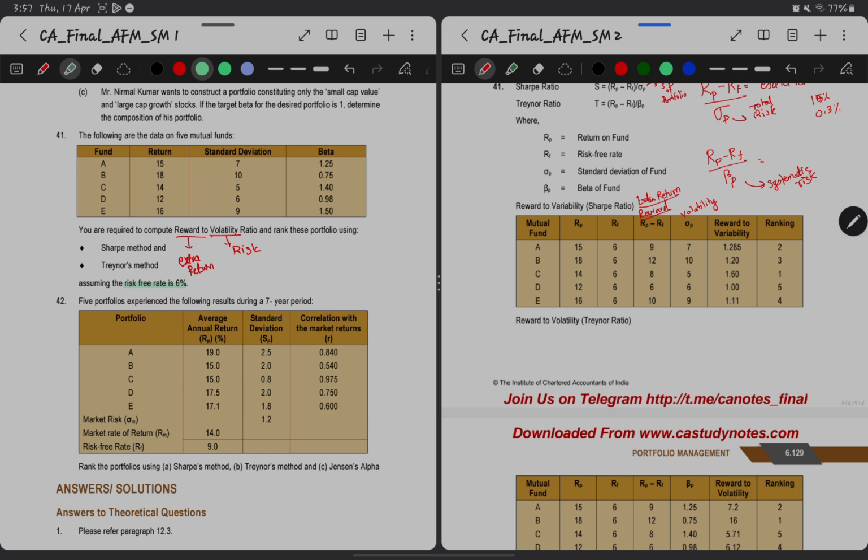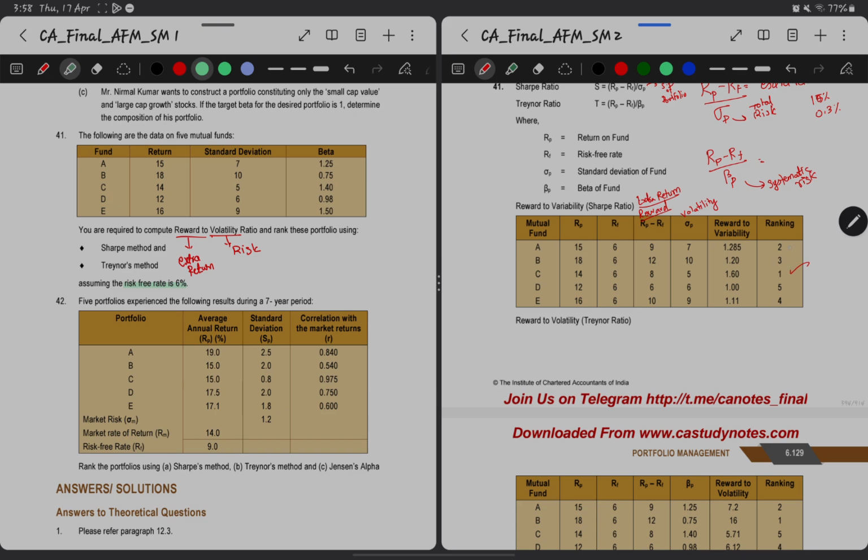Now the extra return divided by the volatility will give us the reward to variability or reward to volatility. And for ranking, whatever is the highest one will give us the first rank, because for the least amount of risk it is giving more return. Let's say in terms of rupees, for 1 unit of risk, mutual fund C is giving 1.6 percentage extra.